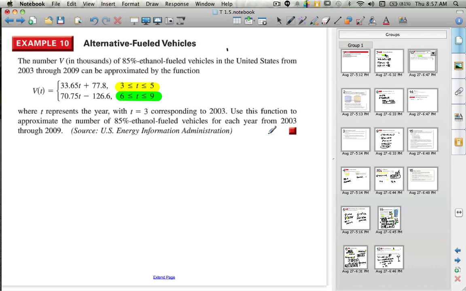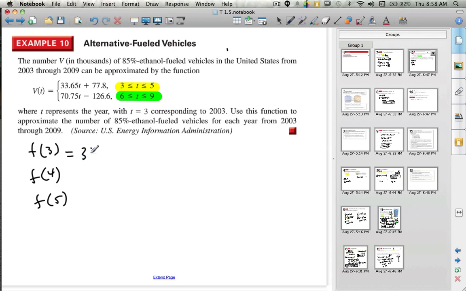Okay, I'm probably not going to do all of these, but I do want to talk about how this would happen. Actually, we'll set this up and maybe we'll go ahead and do it. That means we want to find f of 3, f of 4, f of 5. All of those will use this first function.